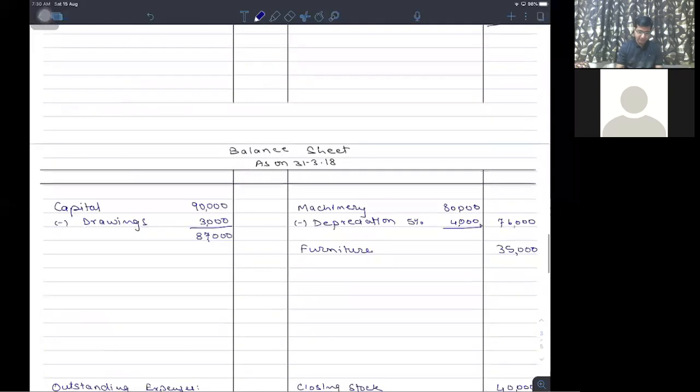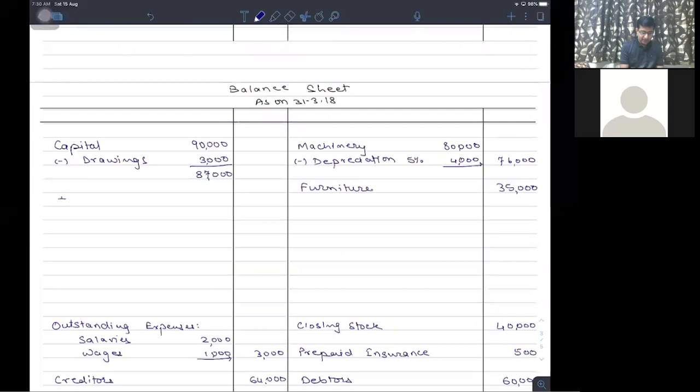Correct? That 59,500 will be added to the capital. Add profit 59,500. Therefore, total to the outermost column for capital comes to 1,46,500.